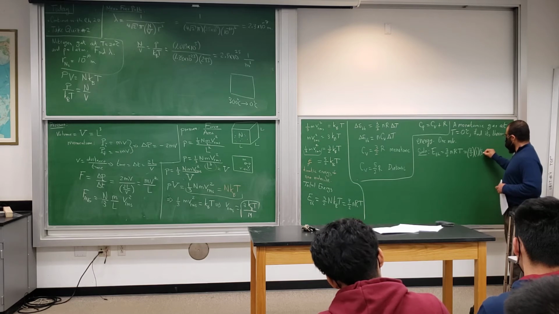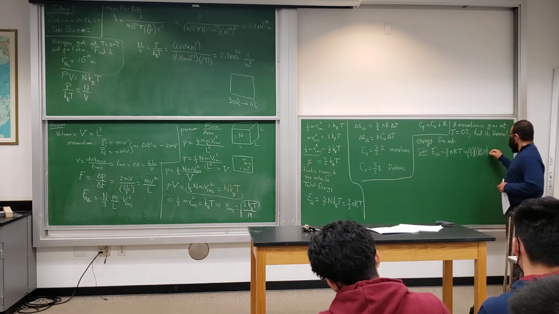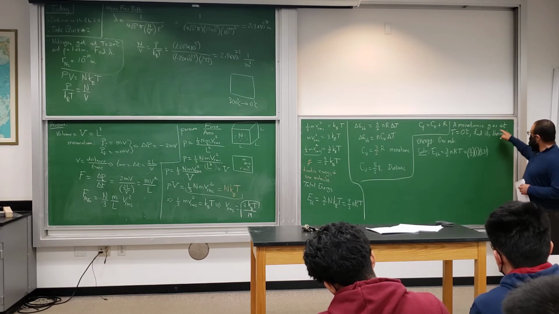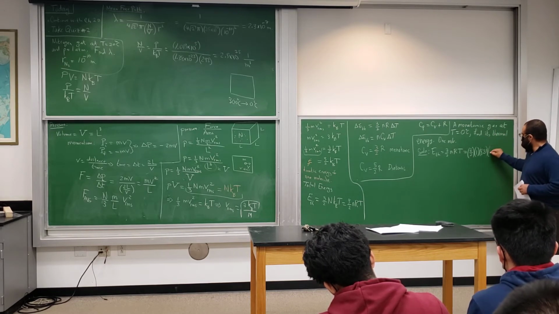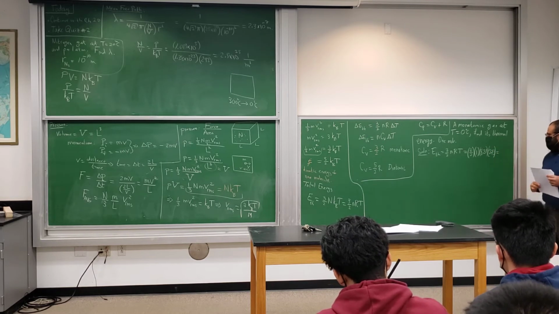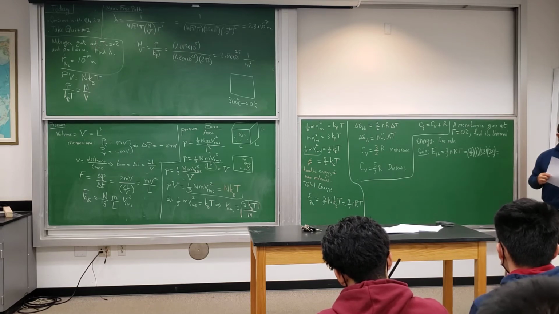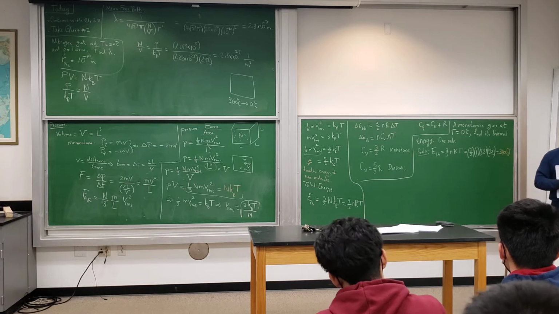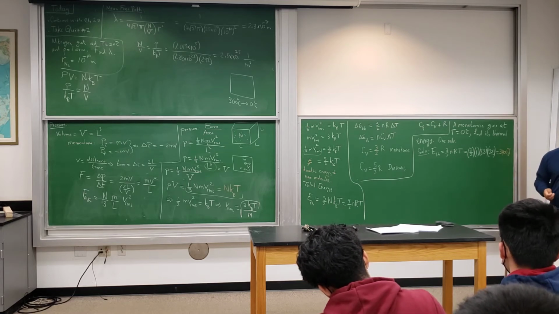R is always 8.31, and the temperature should always be in Kelvin, so you add 273. You can do this, and you get about 3,400 joules. So that's how much energy there is.